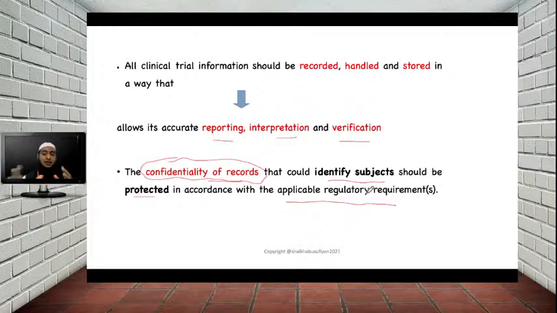And so you must have a mechanism which helps you to protect the identity of such subjects and to see that the confidential data does not leak into the public domain, right? So that the identity of the subject can be easily protected. So you must have that mechanism to protect the identity of the subject.